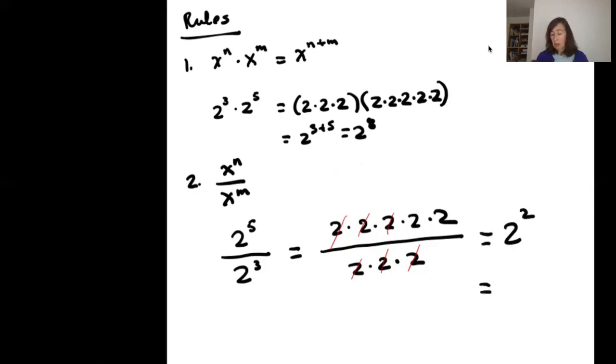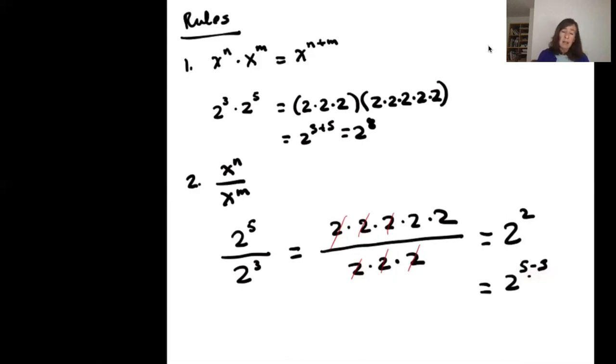I'm left with 2 to the 5 minus 3 power. And so again, if you think about just what we're representing with these exponents, I'm starting with my 2 to the 5th power, my 5 factors of 2. What am I doing? I'm dividing out 3 factors of 2. I'm taking away 3 factors of 2. And that's exactly what we do when we're subtracting in the exponent here.